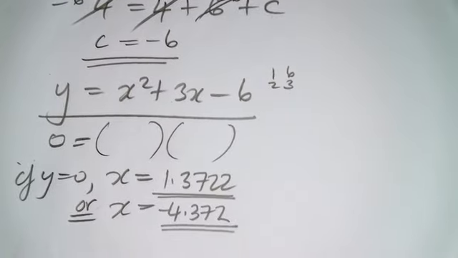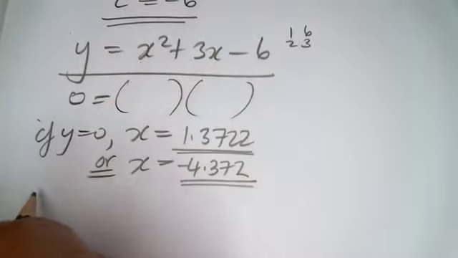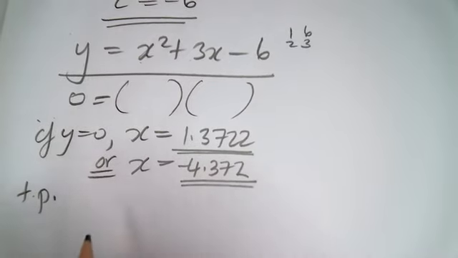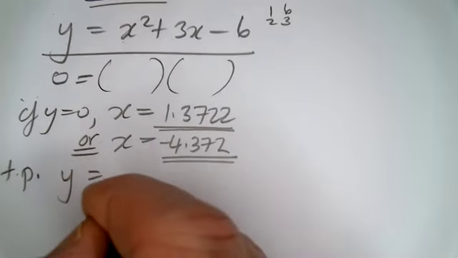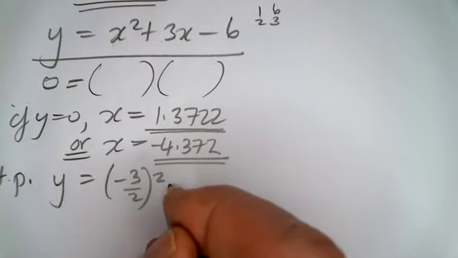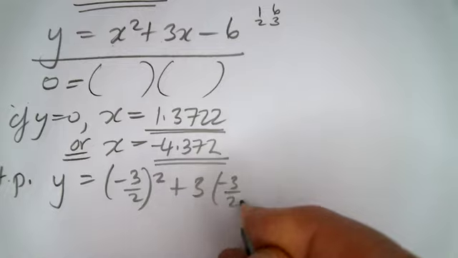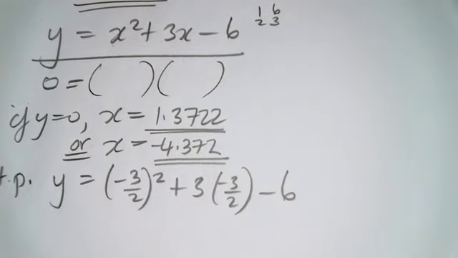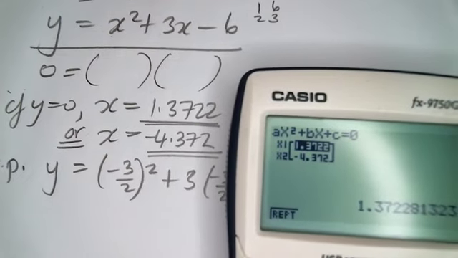So here's our equation, and I'm going to substitute into here the x value. I'll put t.p., or turning point, and y is equal to negative 3 on 2 squared plus 3 times negative 3 on 2 minus 6. And just to fast track this whole thing, I'm going to launch it straight into the calculator.